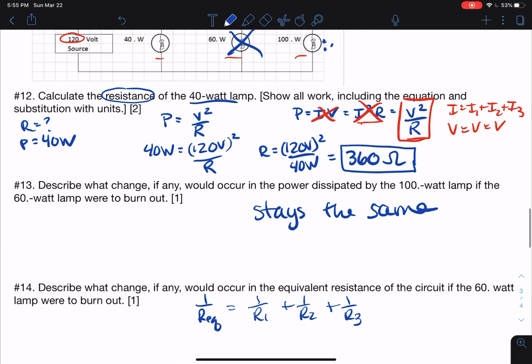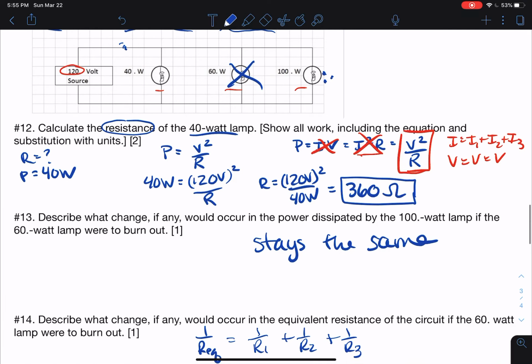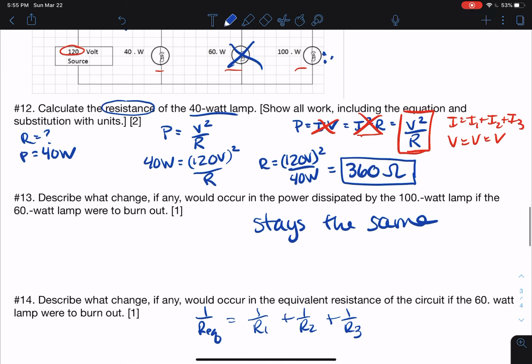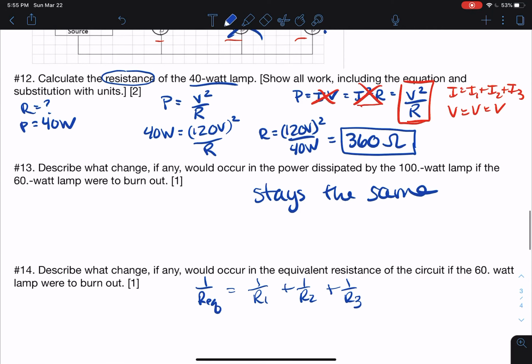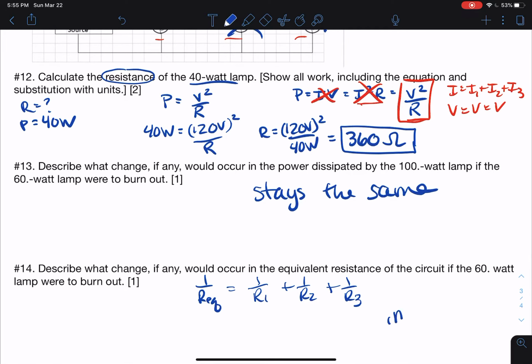With the parallel circuits, it gets smaller. As you add more resistors in parallel, the total REQ gets smaller. But if you were to take one away, it is going to increase. So the answer for this one is increase.